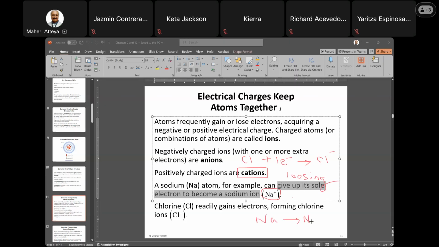Sodium's one electron is given away. If you have kitchen salt or table salt, this one electron will be given to what? Chlorine. Chlorine will gain this electron to get sodium chloride, which is kitchen salt or table salt. Correct, guys?